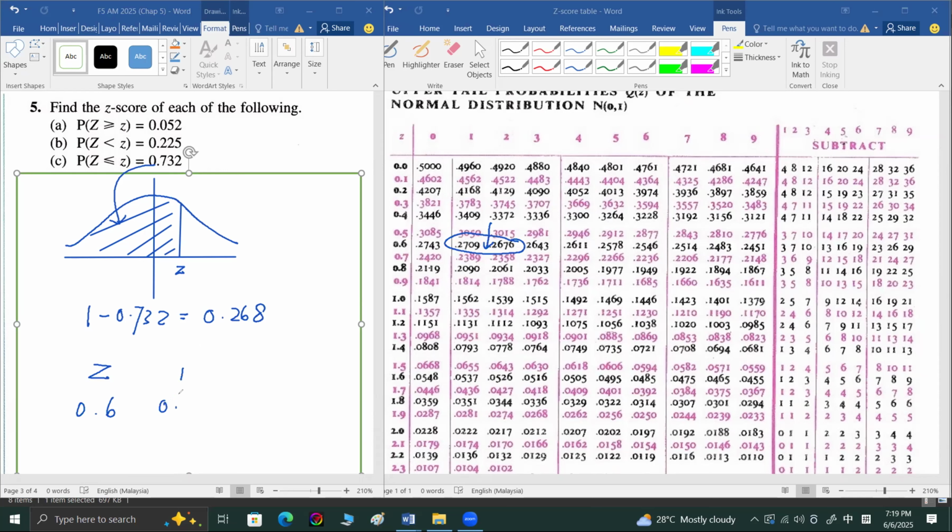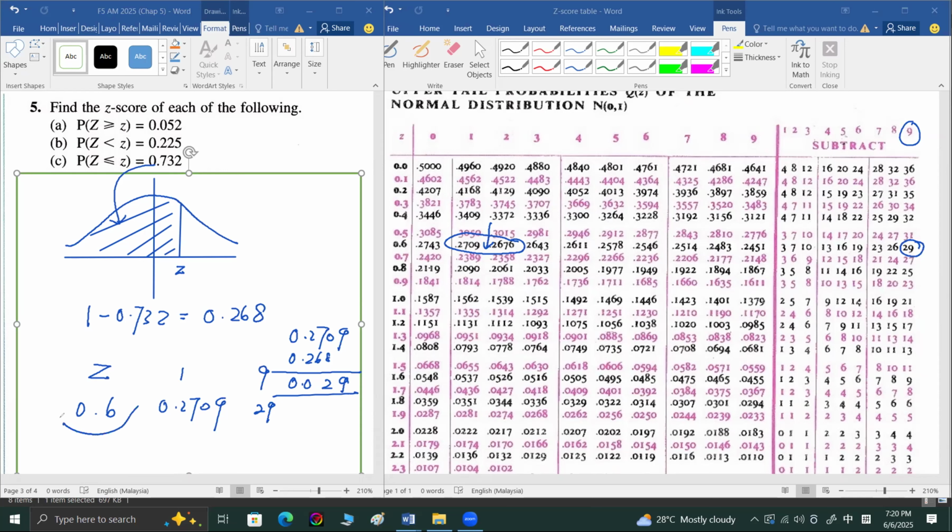Then I get 0.2709. So 0.2709, but the actual value is 0.268. So I already got an extra of 0.0029. 29, so I find 29. Can you see the 9 here? The 9 here, because of the extra of 29.